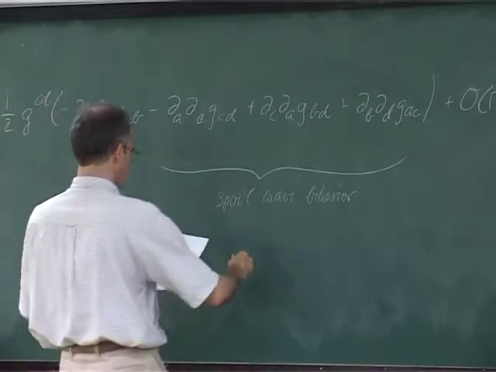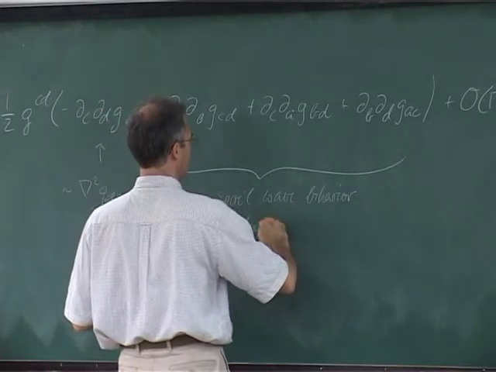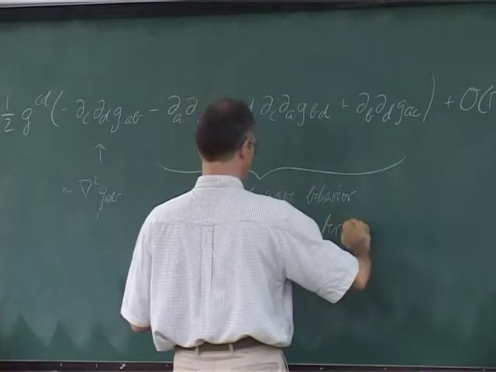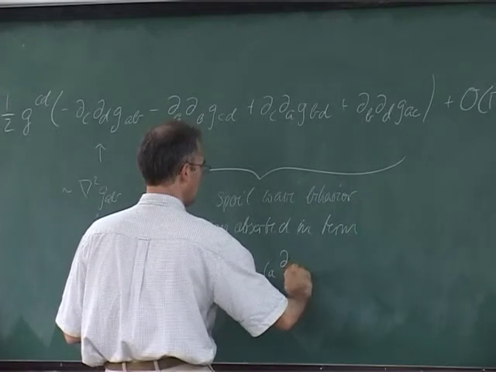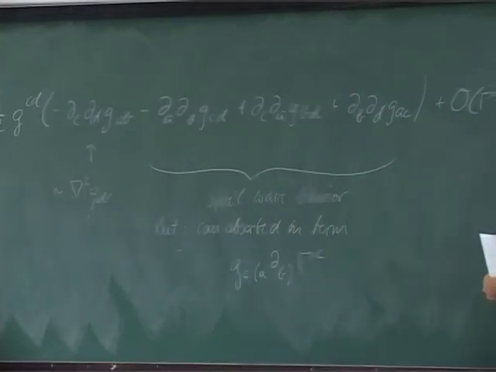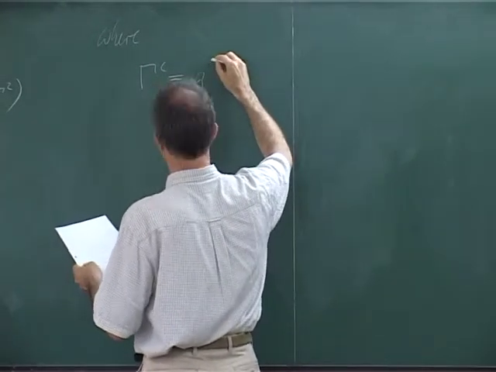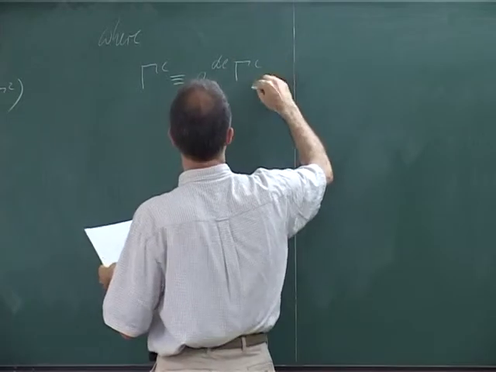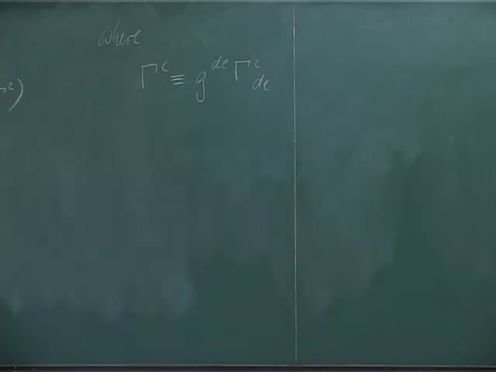So these terms can be absorbed in a term g_ca ∂_b Γ_c, where Γ_c I define as g^{de} Γ^c_{de}. And again, I'm not really committing to whether this is 3-dimensional or 4-dimensional because it works in exactly the same way. See, people knew that already in the 20s. De Donder and Lanczos worked with this in the 20s and worked it out.